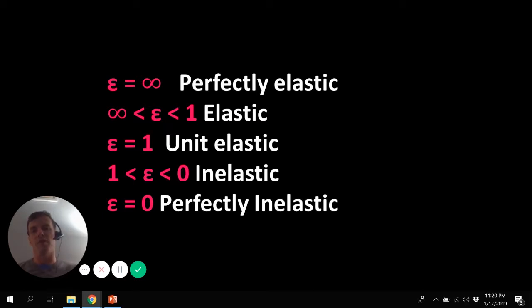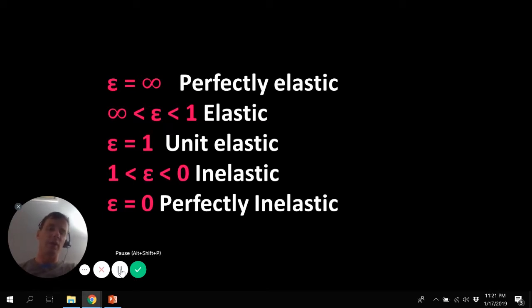A value of infinity would describe a place on the demand curve where the price elasticity of demand is perfectly elastic. That would suggest that quantity demanded varies considerably, even with the same price. That would be a demand curve that's horizontal.